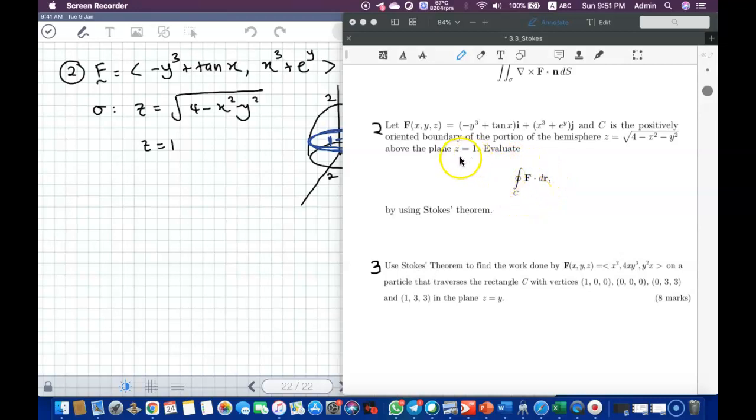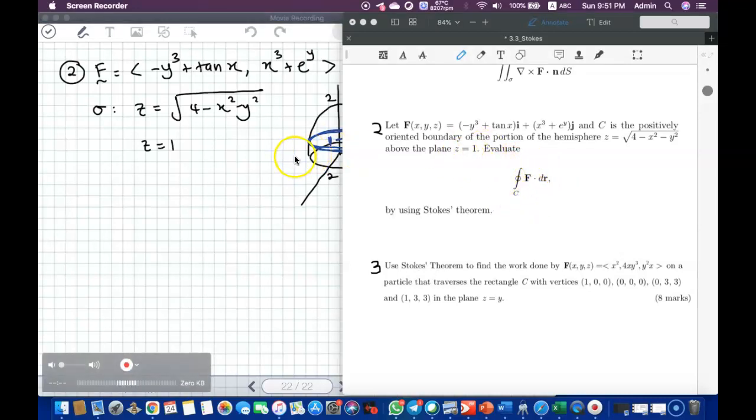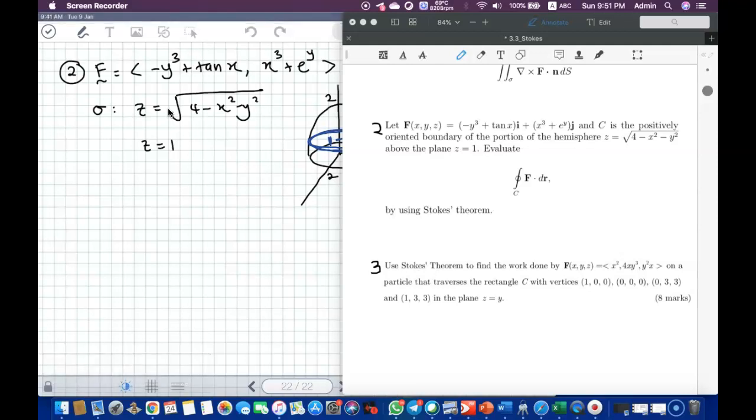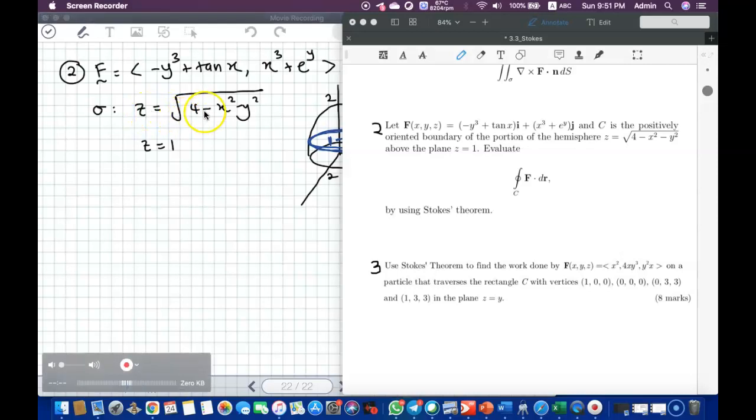Okay, so now just look at what information we have. We are given a vector field, minus y cubed plus tangent x, and x cubed plus e to the y. C is the boundary of the surface, which is part of the hemisphere given by this equation.